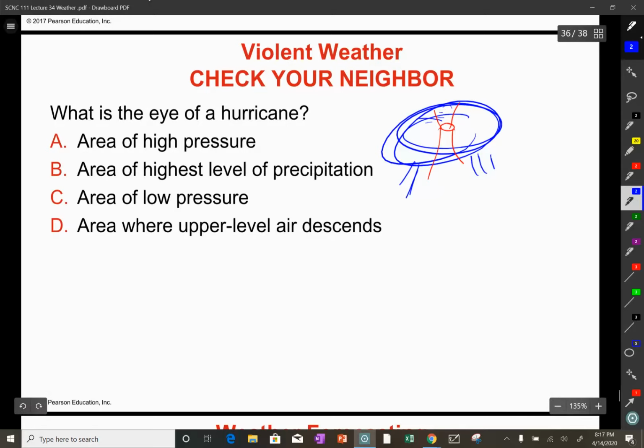Now, it's high pressure up here, but on the surface of the earth, it's low pressure. So we're going to call it the low pressure region because you're on the surface of the earth, not up above. And it has the lowest precipitation, probably no precipitation. And where the lower level air rises up.